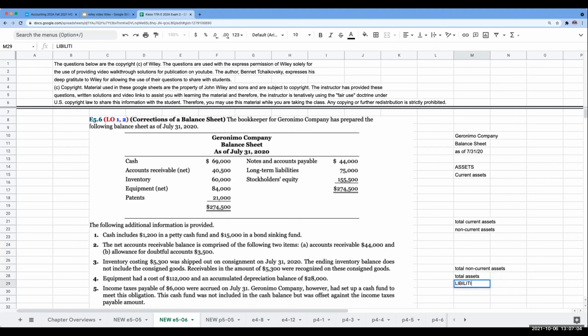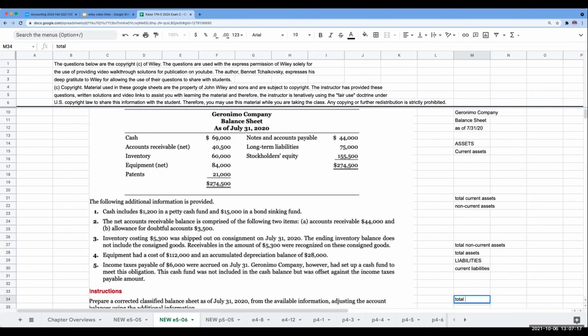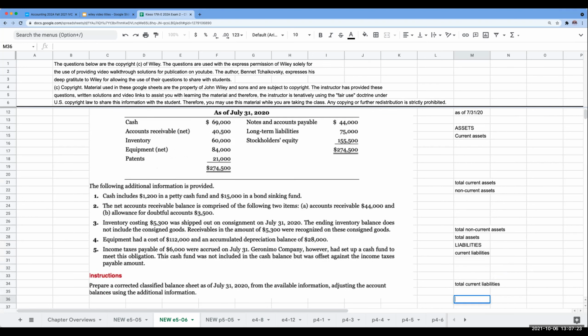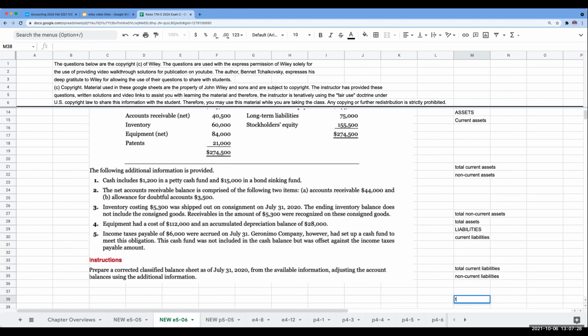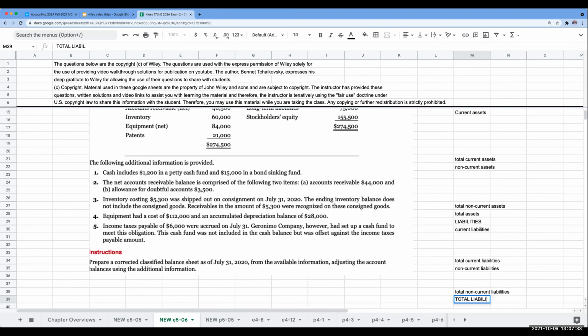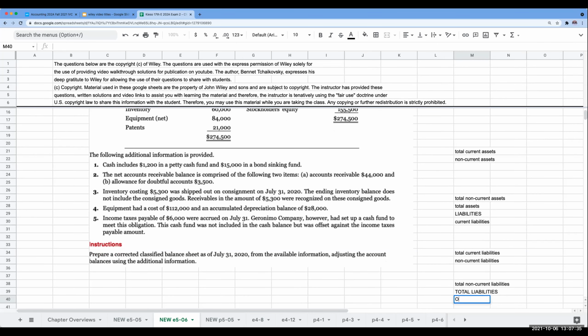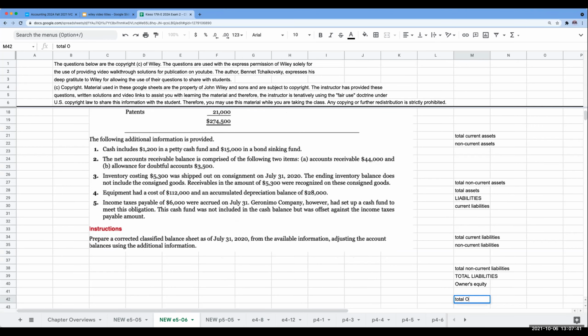I'm then going to have liabilities. I'm going to have current liabilities. These are not electrified, bad humor. These are rather liabilities that are due within 1 year. I'm going to have non-current liabilities, total liabilities, and then owner's equity, total owner's equity.